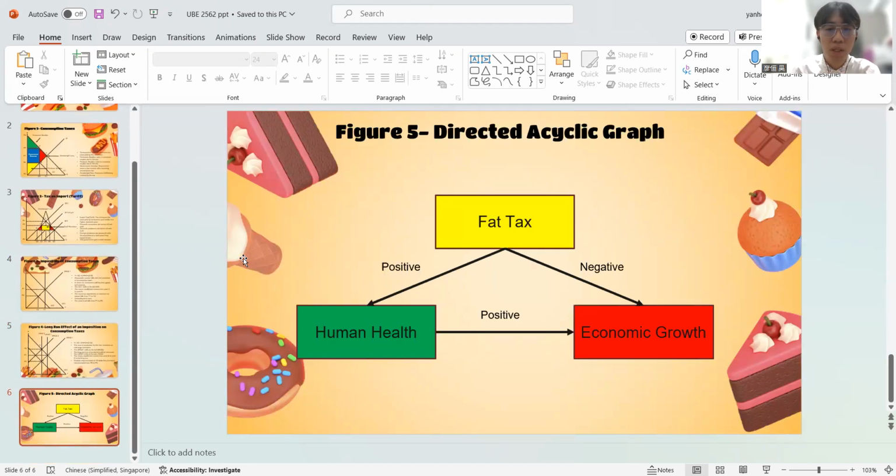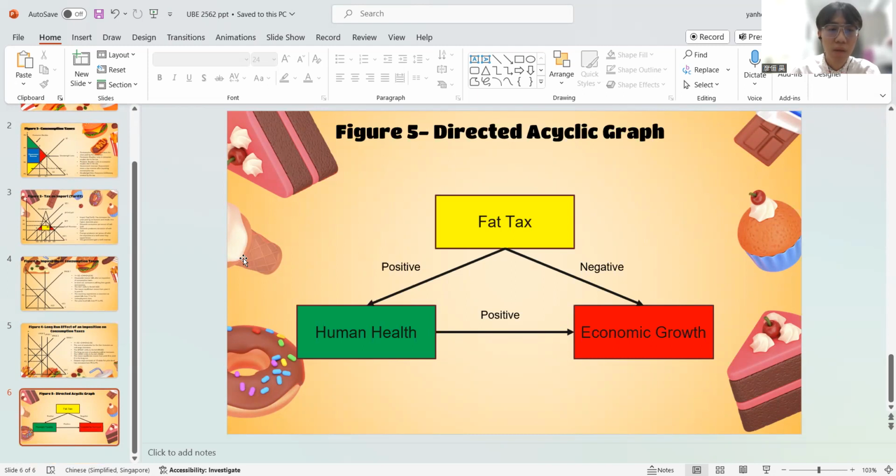We explore the methodology of using directed acyclic graph for empirical econometric modeling to assess the consequences of a fat tax. This graph offers a structured approach to represent causal relationships between variables. Let's begin with the fat tax, designed to discourage unhealthy consumption.